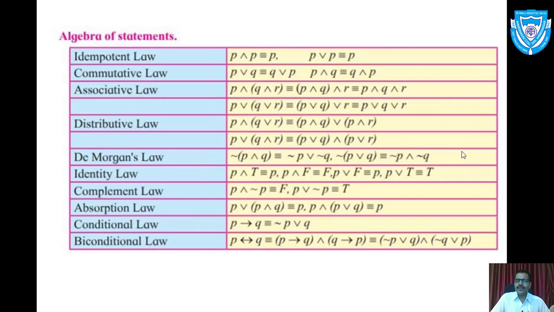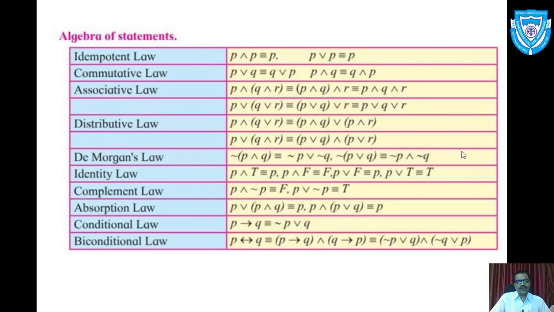Still the original statement remains the same. There is no change at all. Again, the second commutative law, for conjunction: P and Q is equivalent to Q and P. So these are the two commutative laws. One of them is for conjunction and the second is for disjunction.